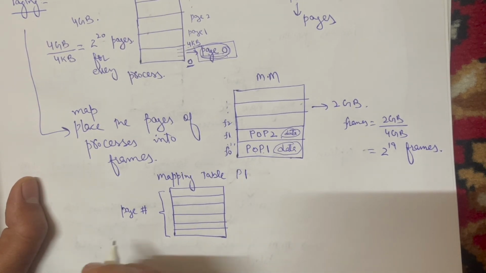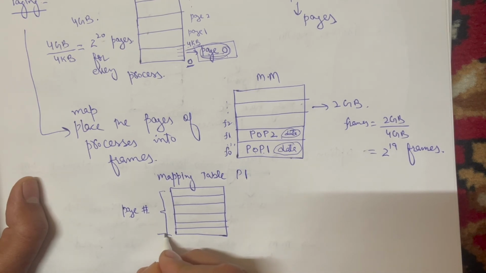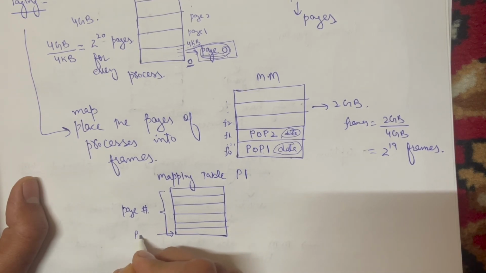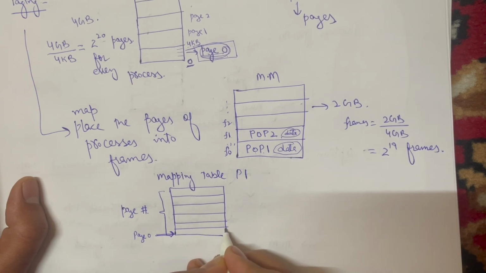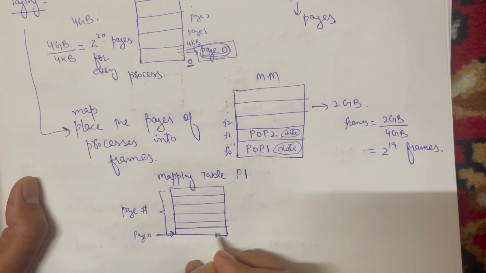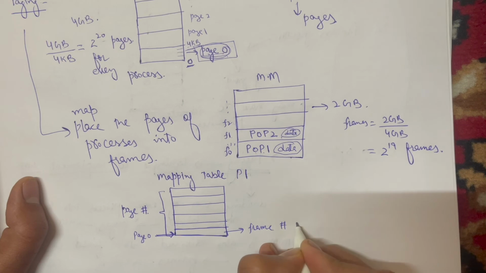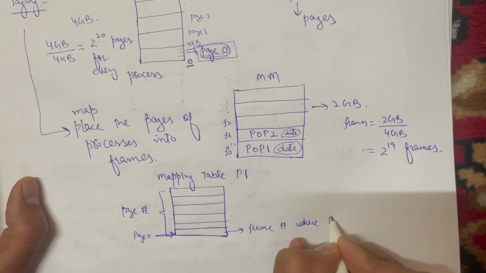Let's say this is page 0. In this location we will store the frame number where this page is mapped.